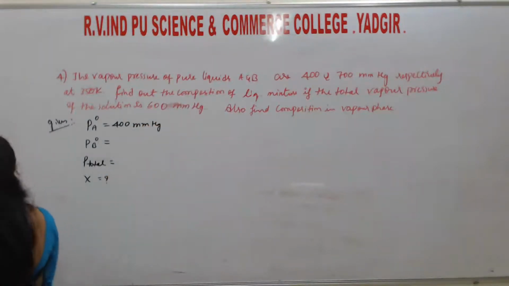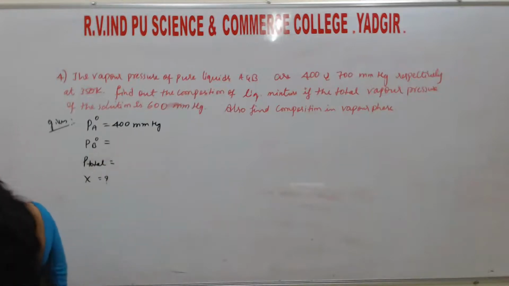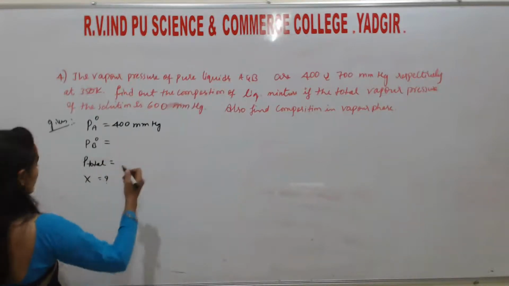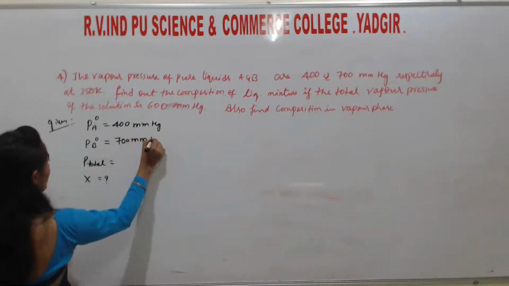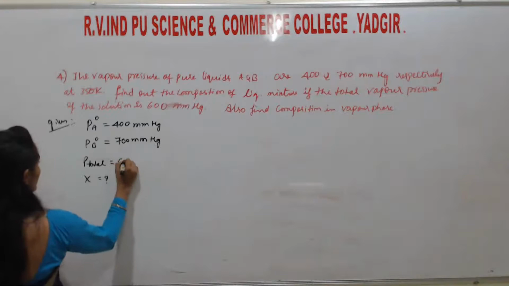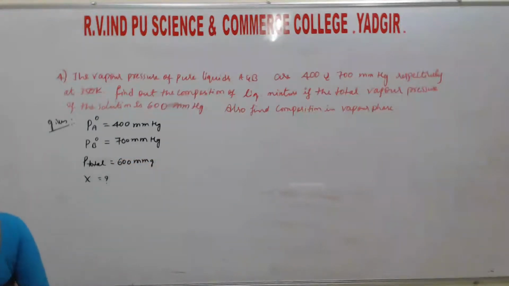Correct. Next, PB naught is there, 700 mmHg. P total is 600 mmHg. We are going to calculate this X.